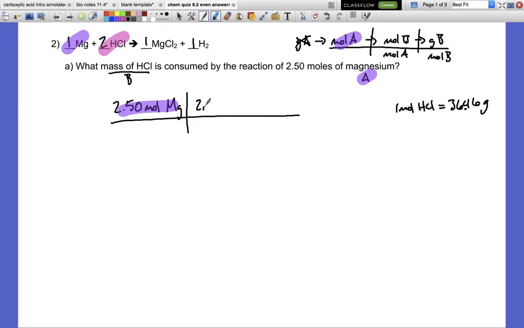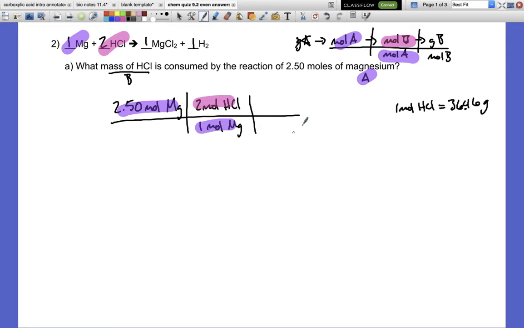So I put the 2 moles of hydrochloric acid on the top, and I put the 1 mole of magnesium on the bottom. Again, I'm just following along with my work above. I need to put moles of B on top and put moles of A on the bottom. That way moles of A cancels with moles of A, and I now have moles of B as a label.